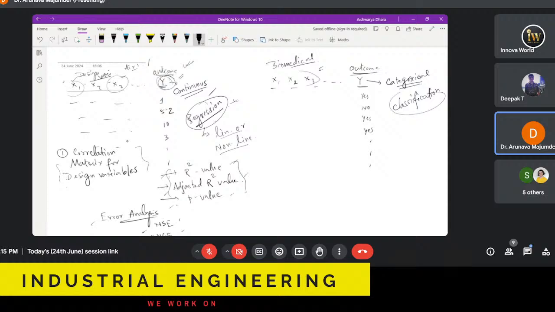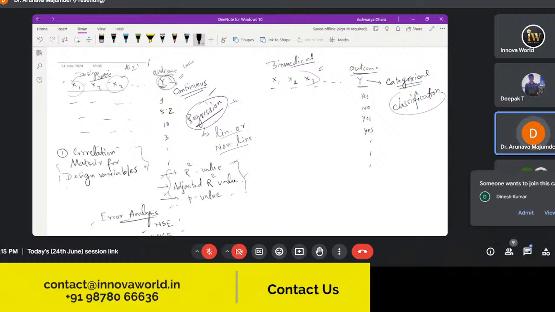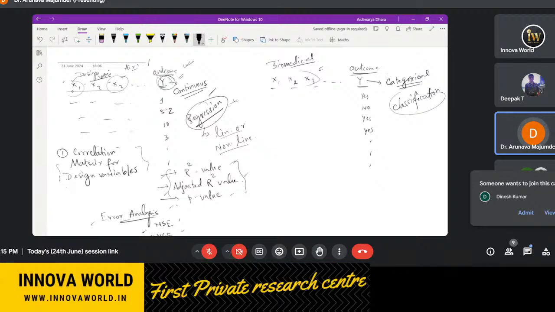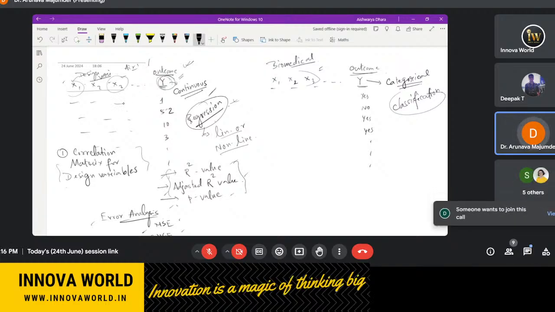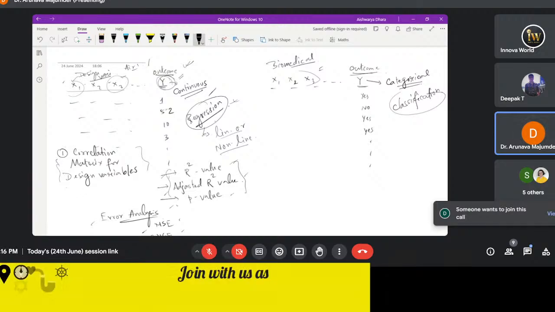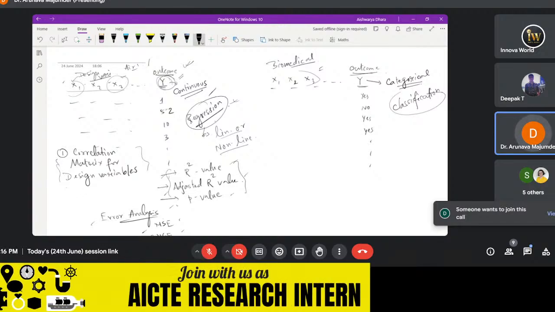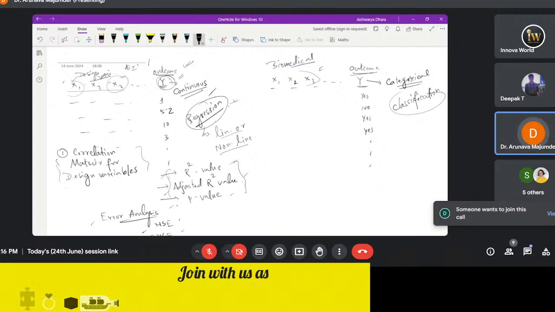Understood? So the correlation matrix is very necessary for that. If you are getting very high correlation between any two design variables, then any one of them must be deleted. Okay. And these are the analyses we need to do for regression.